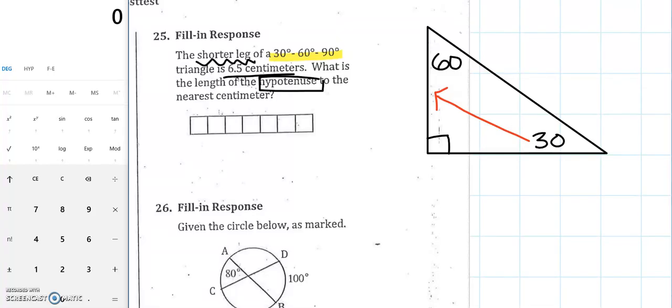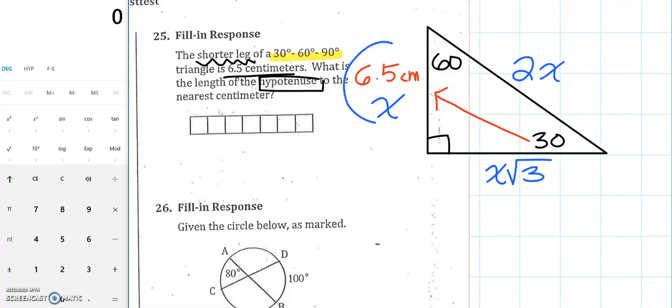So my shortest leg is 6.5 centimeters. This is the leg that's across from 30, and it's what we call X when we do our special right triangles. The side next to, adjacent to the 30, is X radical 3, and then your hypotenuse is 2 times that shorter leg, so 2 times X.